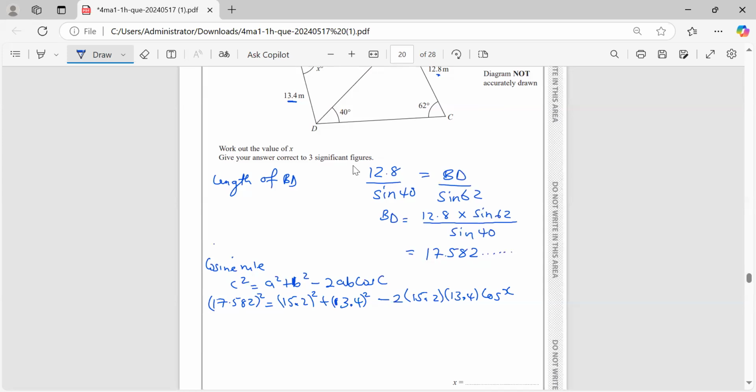Okay, so of course you have to make cos X the subject of the formula. So you're going to have, let's say, cos X is going to be equal to 17.582 squared.